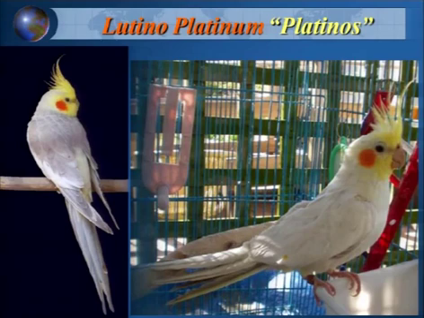So this is the combination with the Lutino. They call them Plutinos for short, and you have the bird right here. It's not in the best light, but it was a friend who sent me their child's bird. It's not in the best condition, but you can see how reduced the pigment is there. It almost looks like a Lutino.